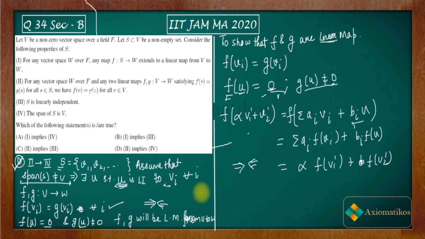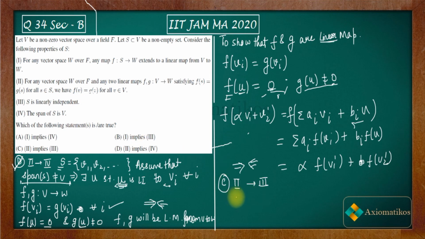Alright, now in option C it says that the second option will imply the third one. The video is too long, so I will give this as an exercise for you to show that even this happens, with all the hypotheses given on your set S. It may happen that S is not a linearly independent set.